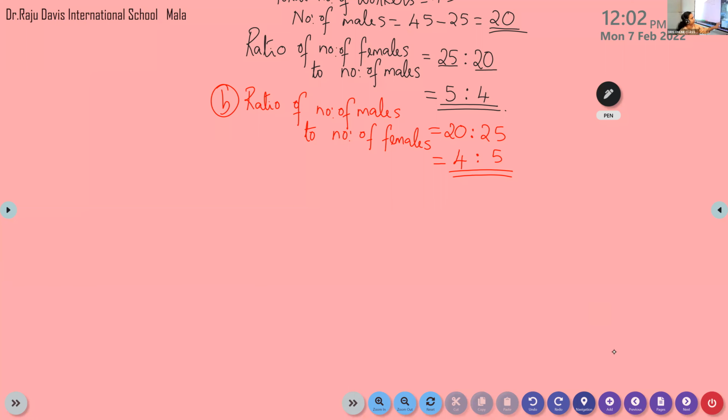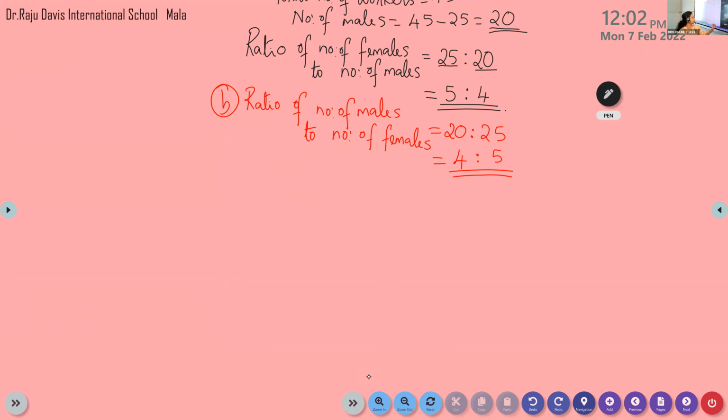You learned in class 4. Multiply or divide. But if you are doing multiplication on the numerator, the same number you have to multiply the denominator also.